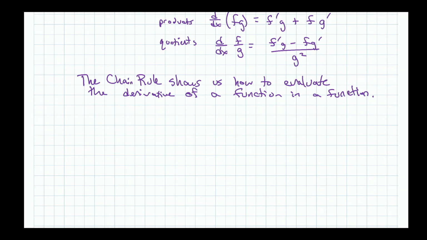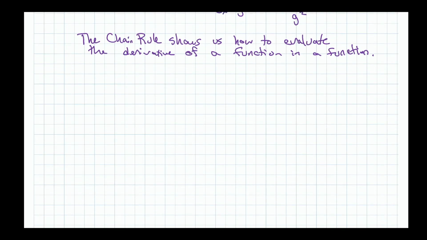Okay, so chain rule shows how to evaluate the derivative of a function in a function. The formula that you're going to need can be written in a couple different ways. So here they are.